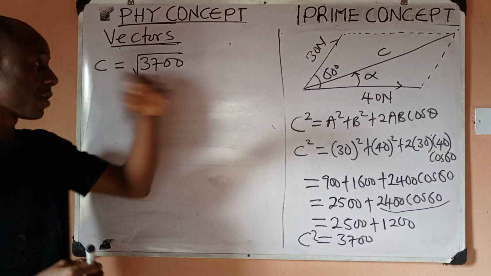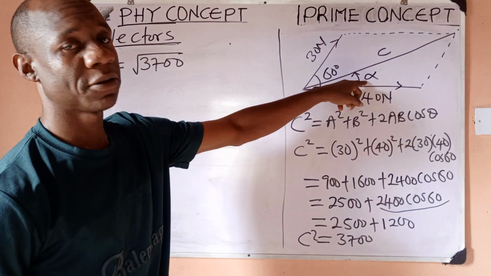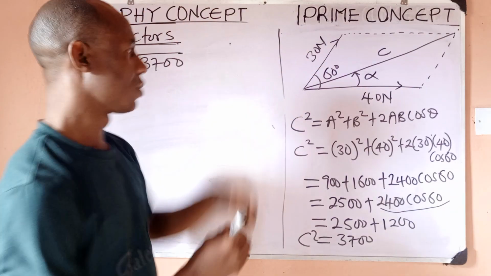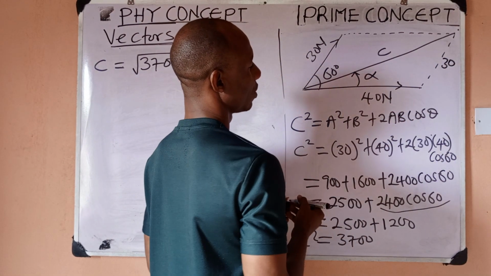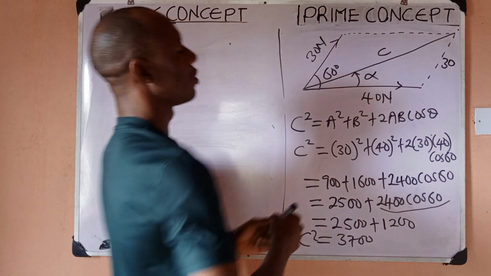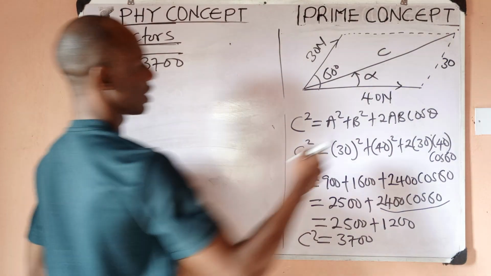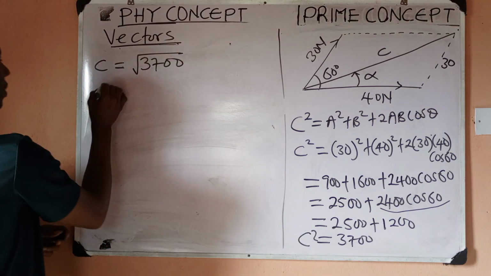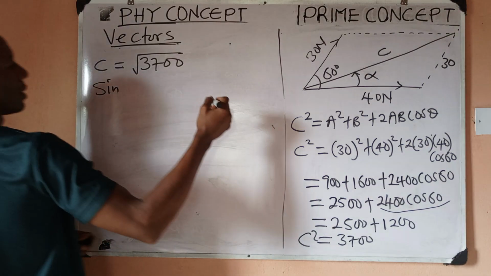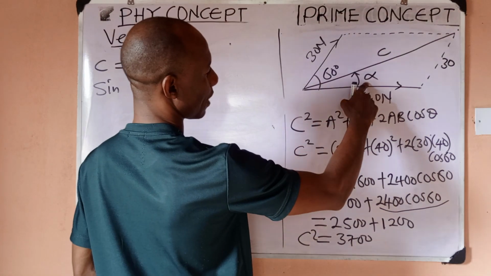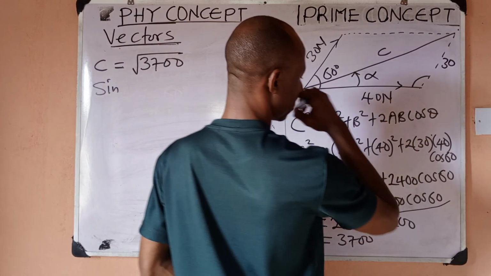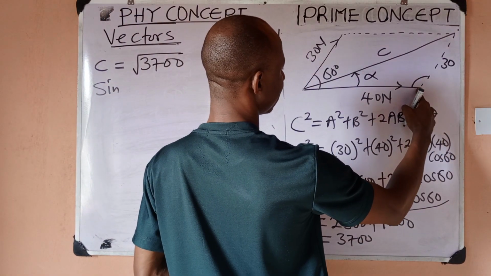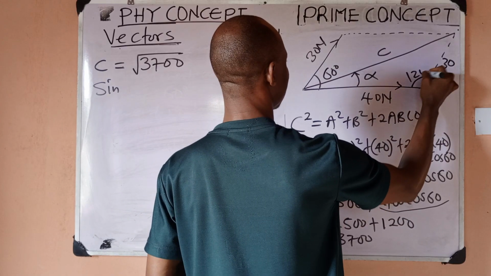So for us to find the direction, which I would call alpha, we can use any rule. Remember, this place is 30. Let's say we can use the sine rule. According to the sine rule, we have that sine alpha. Do we know any other angle? Now I know this angle. This angle is going to be 180 minus 60, which is 120.